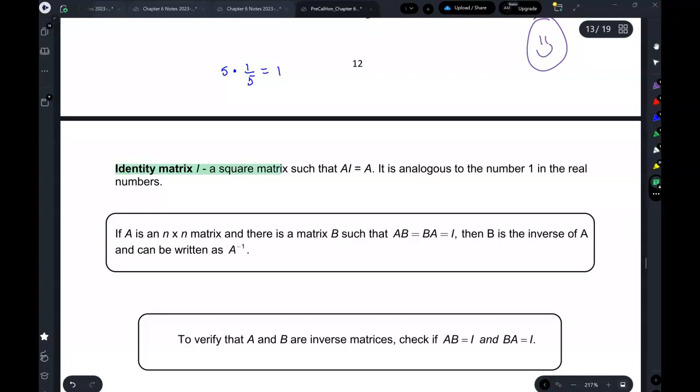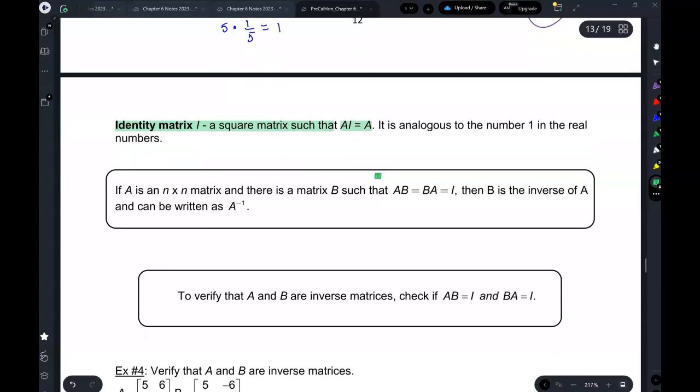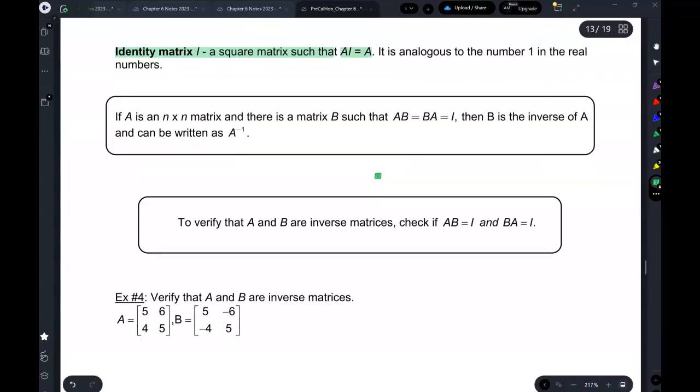All right? So the identity matrix is a square matrix such that A times the inverse is A. Okay? So this is important. If A is an n by n matrix and there's a matrix B, if A times B and B times A equals the identity matrix, then B is the inverse, right?